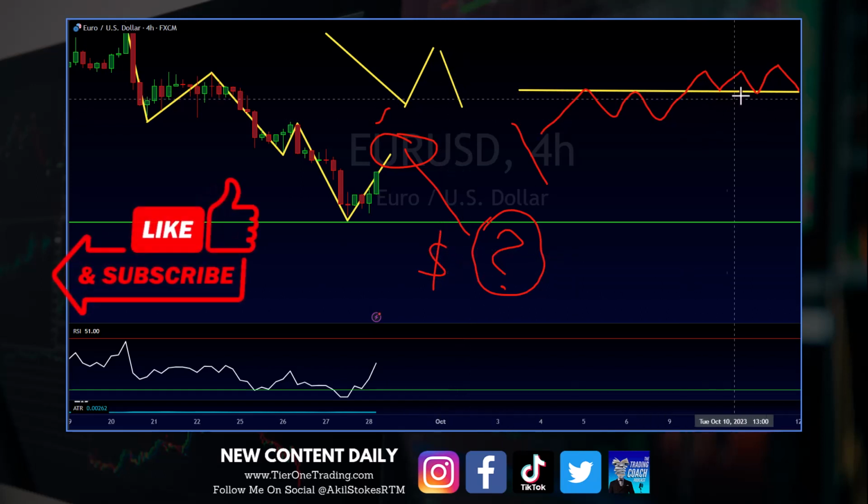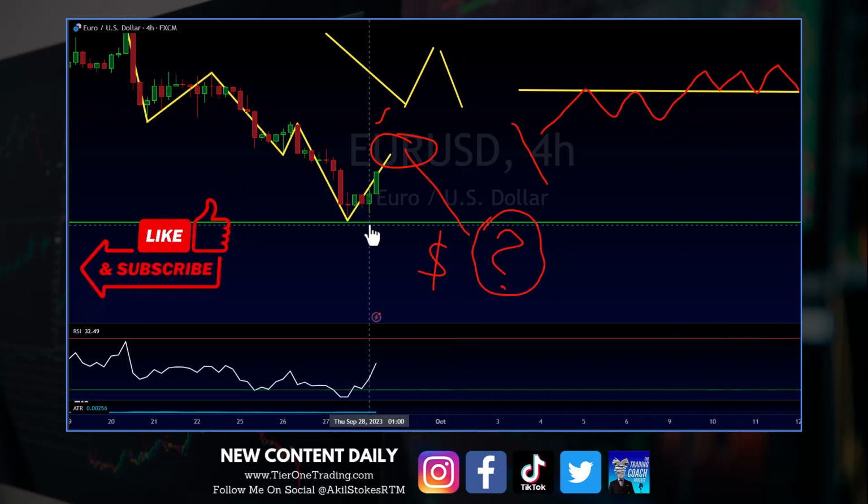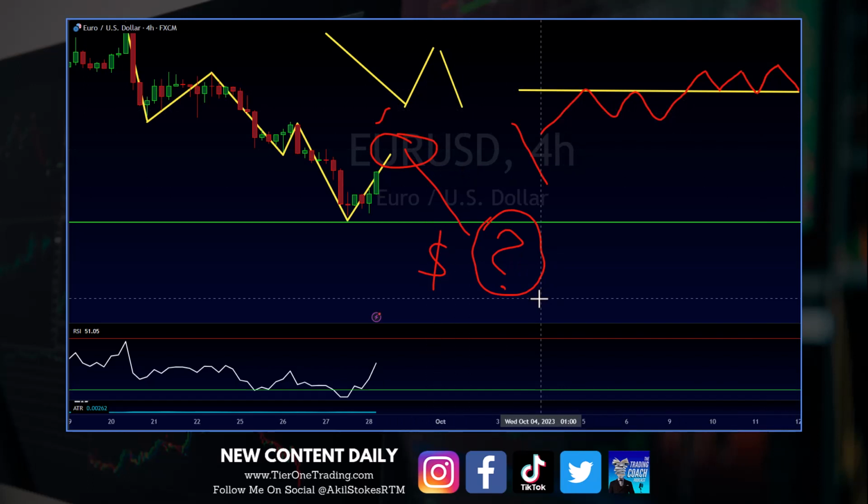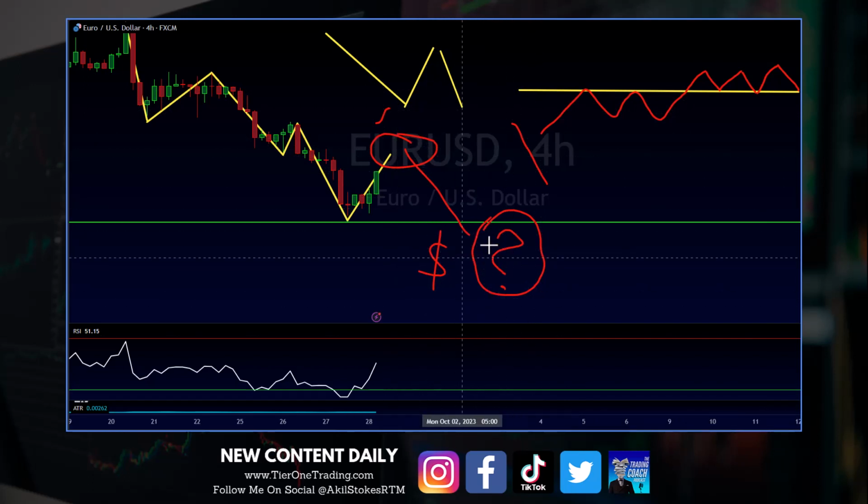So if we have not broken through this ice, which is our green line here, and we know that we would need to break through our ice in order to feel confident that price is going to continue lower, since we haven't done that, do we have any reason to believe that it's going to happen? What would you guys say? So yeah, because we have not violated structure, I don't see any reason to believe that price is likely to go lower, right?